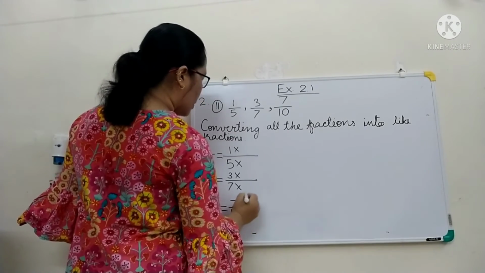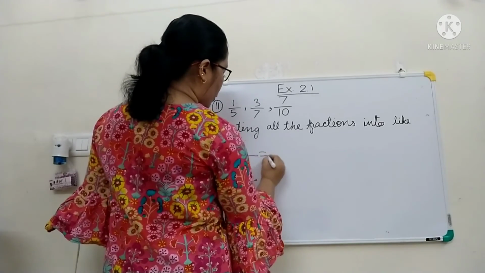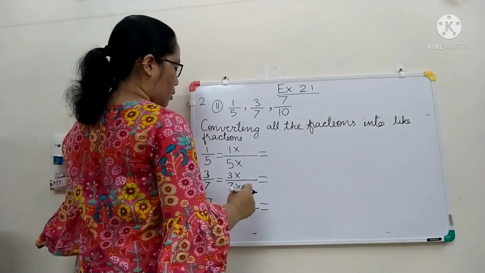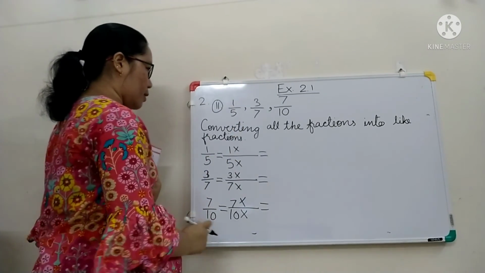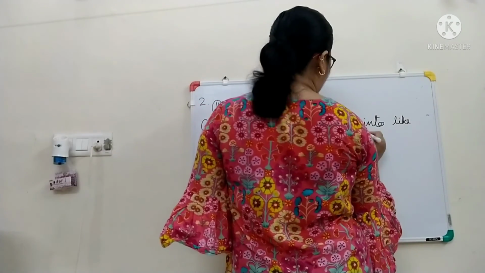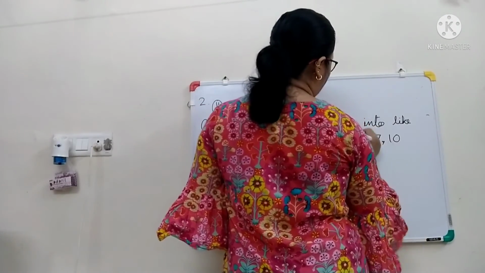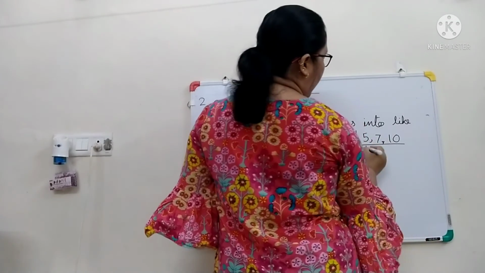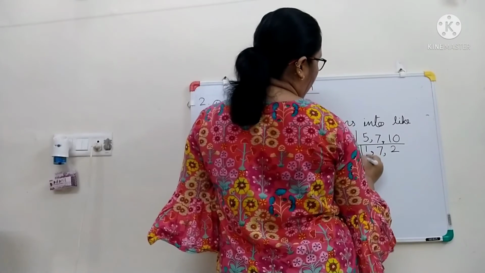Here after this I can clear to you which number we have to multiply with all these denominators. To find that out, we have to calculate the LCM of these denominators, that is 5, 7 and 10 together. 5 ones are 5, then 7 will come down, then 2 fives are 10.